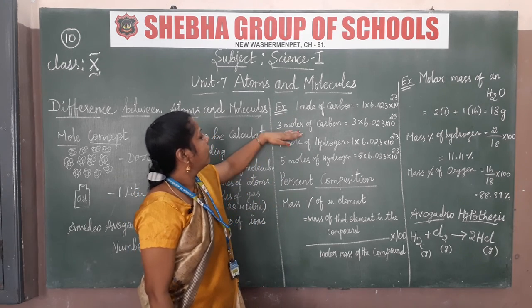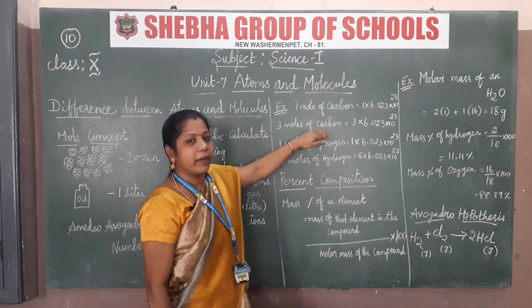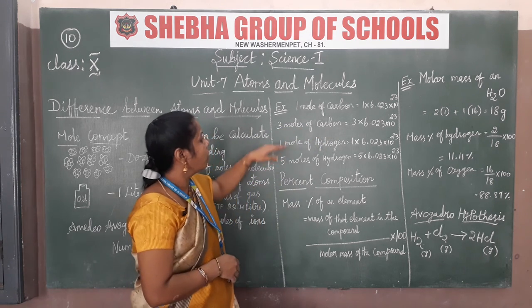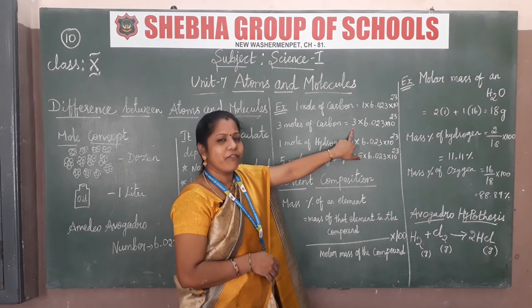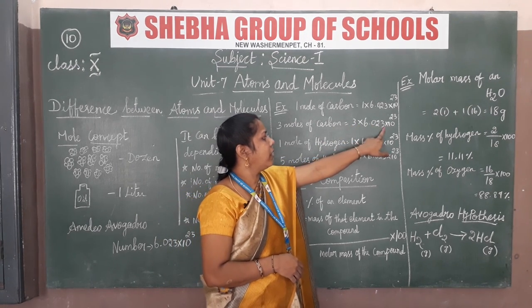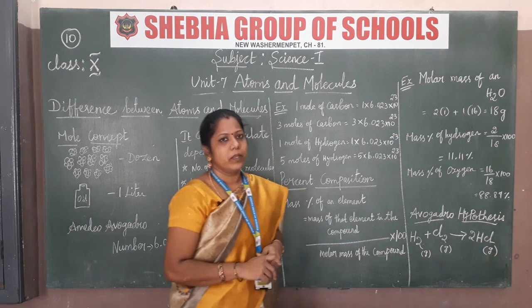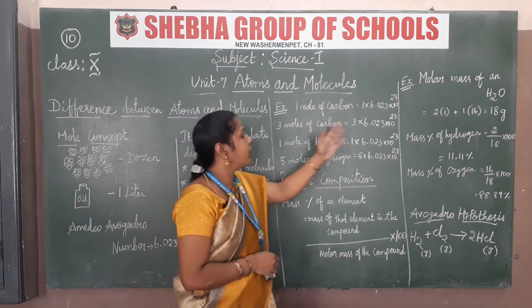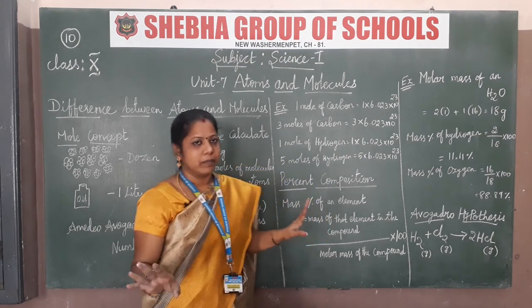Otherwise we can find out for 3 mole of carbon, which means 3 mole of carbonல உங்களுக்கு எவ்வளவு atoms இருக்கு அப்படின்றத நீங்க கவுண்ட் பண்றீங்க அப்படின்னா, what is that number of moles? That is 3 into 6.023 into 10 to the power of 23. Simple. So how many moles is there, you have to multiply with Avogadro number. That's it.